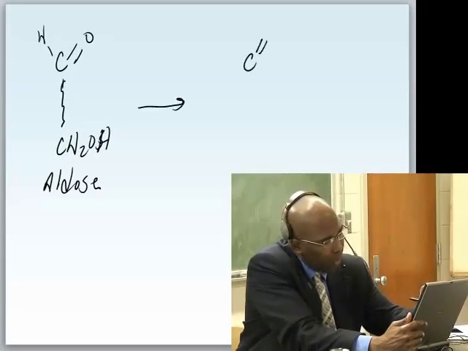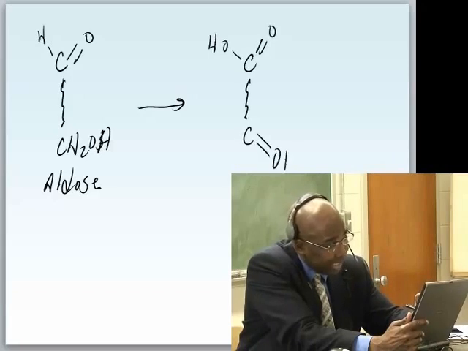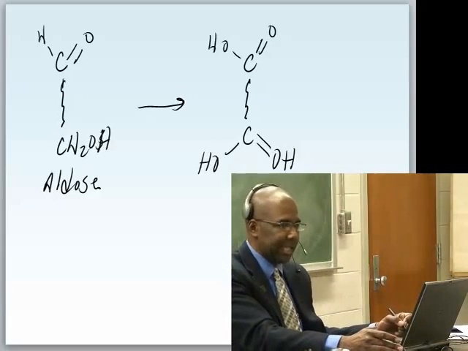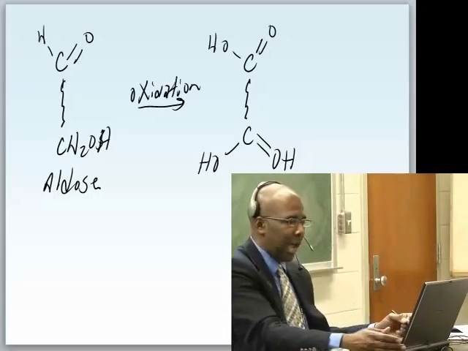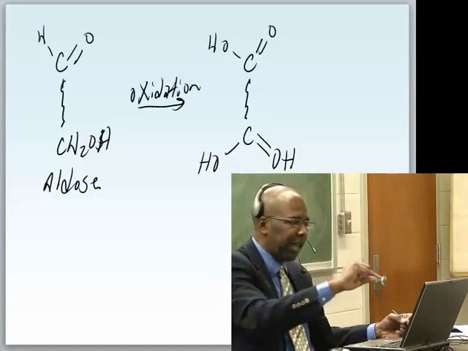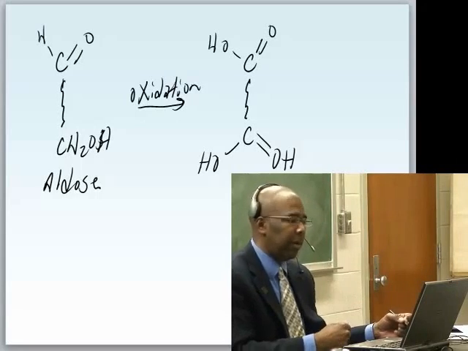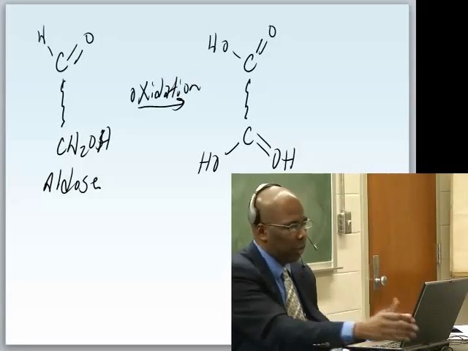And this time, we're going to oxidize carbon 1 and the terminal carbon. Wow. We're really oxidizing this thing. So we oxidize carbon 1 from the aldehyde to the carboxylic acid, and then we doubly oxidize the terminal carbon from the alcohol to the carboxylic acid.